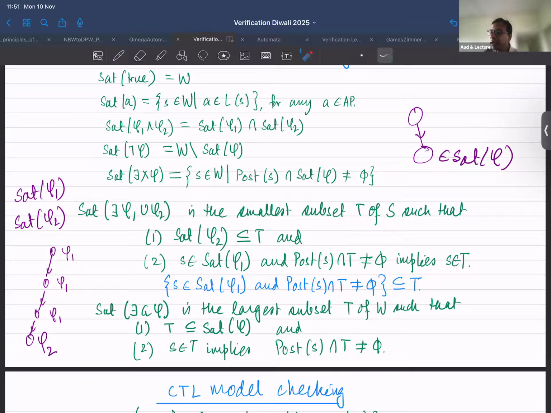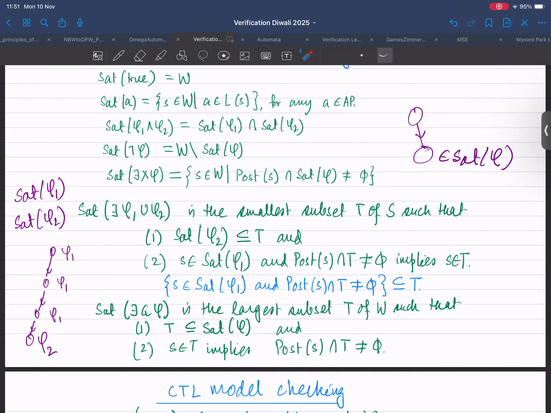First of all, if there is a state which satisfies phi 2, then it will anyway be inside this set. Is it clear?